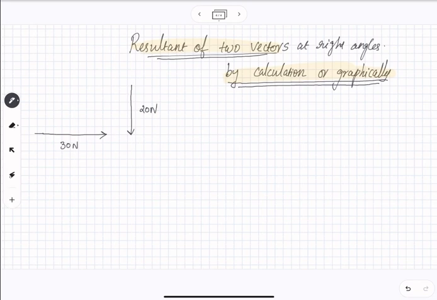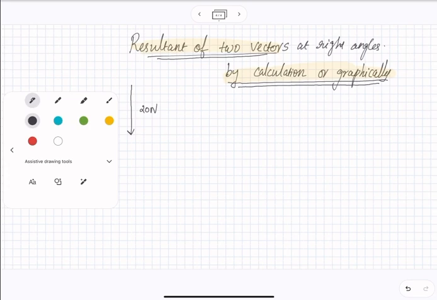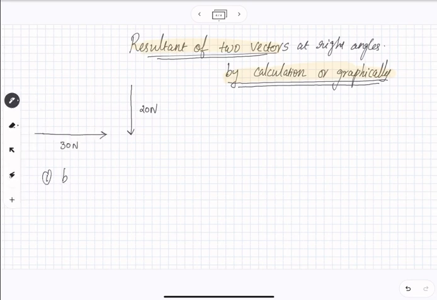So when these two forces are acting on the object, what will be the resultant motion of the object? So we have to find the resultant of these two vectors. There are two methods. First method is by calculation, where you will get a right angle triangle, so you can use Pythagoras theorem.